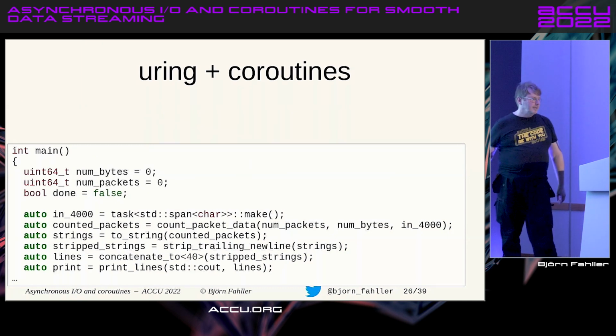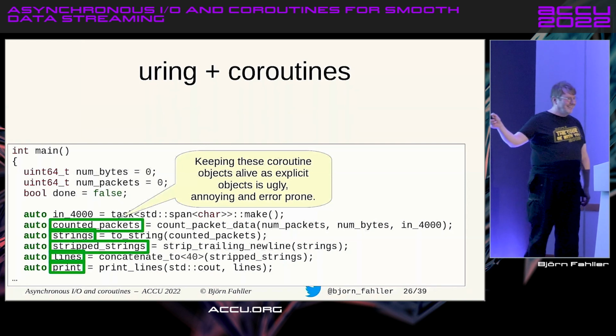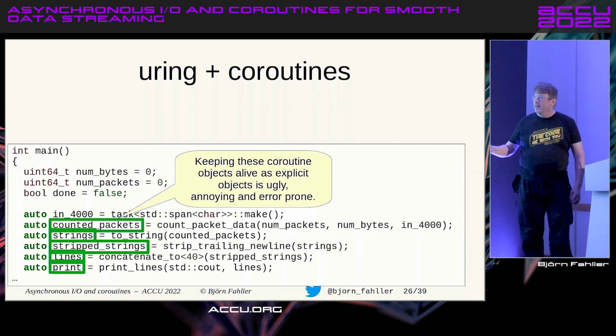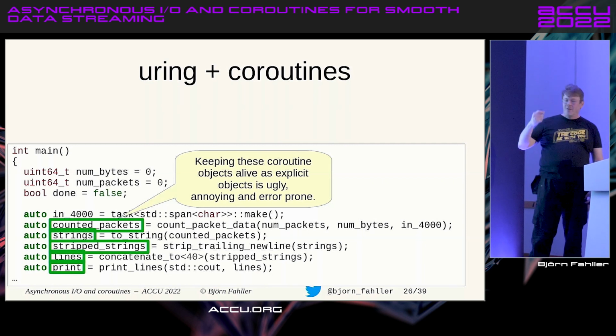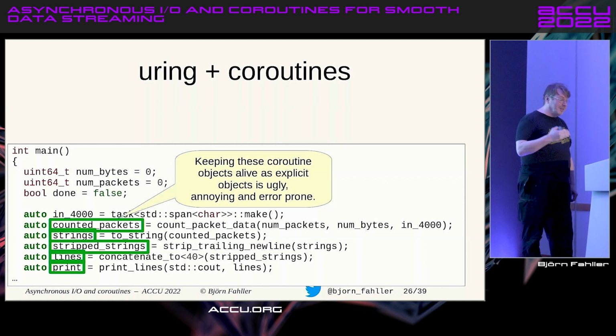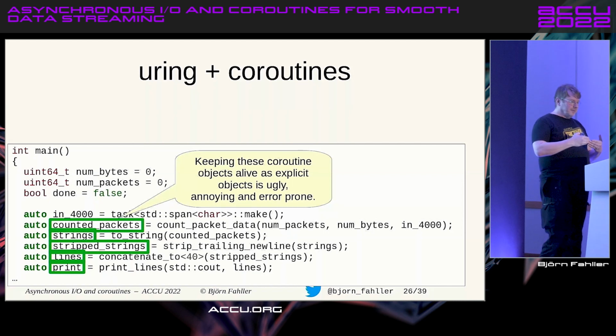But this is horrible code. Keeping all these coroutine objects alive, and trust me, you need to keep them alive. You will get extremely confusing and frustrating bug hunting if you don't, because then you're calling functions on dead objects.